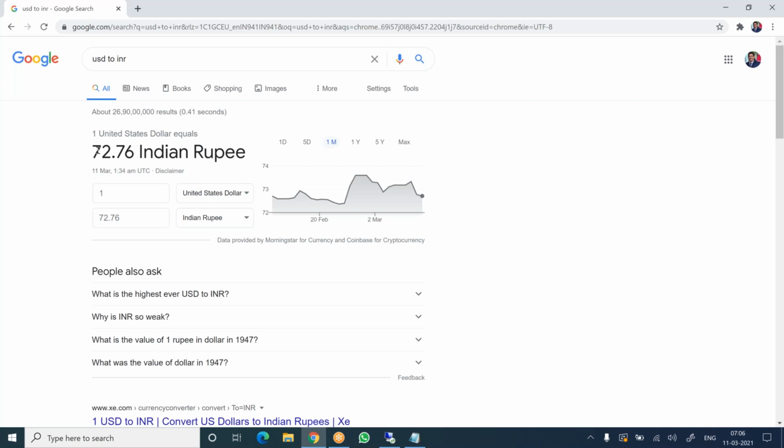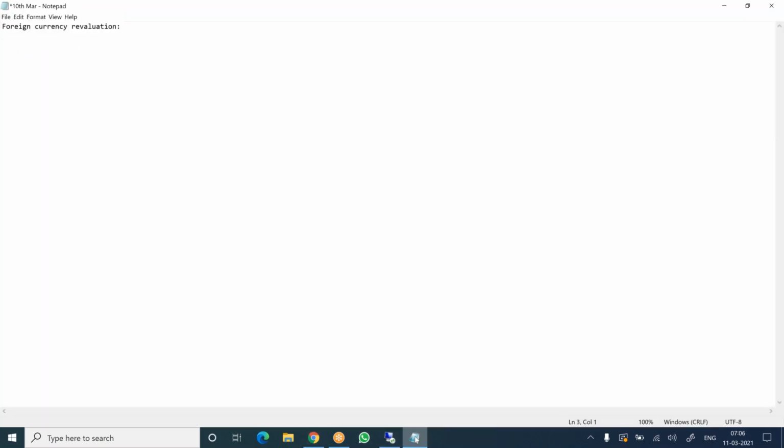73 rupees means immediately you have calculated the conversion. It is 1,000 multiplied by 73 rupees, so 73,000 I'm getting this laptop. Okay, good. For 73,000, I will get a profit of 7,000, because here in India it is 80,000, there it is only 73,000.